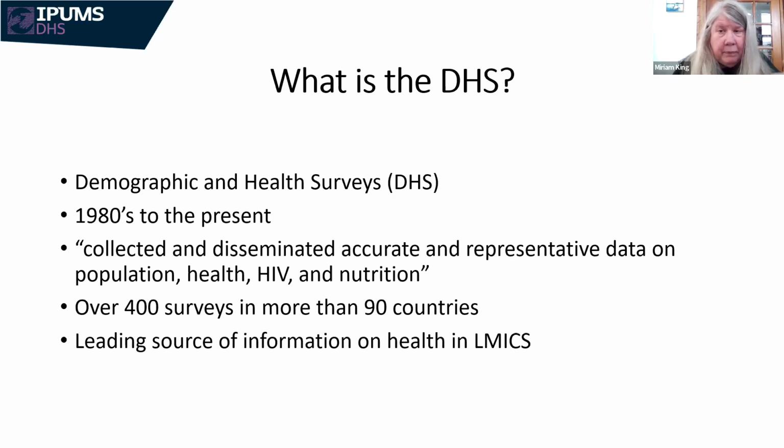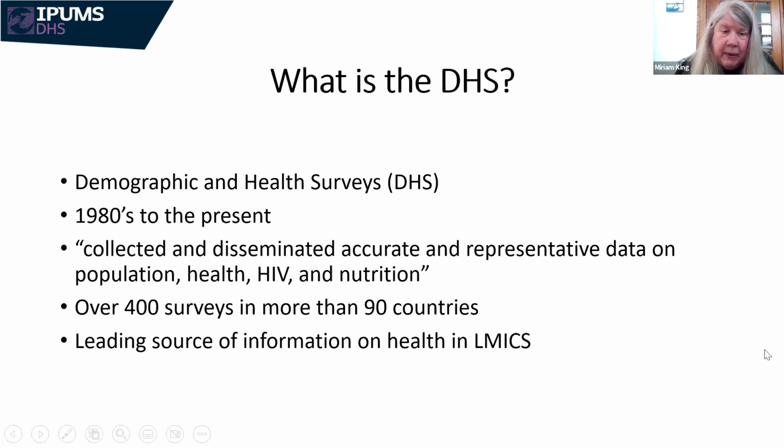And IPUMS DHS is currently just focusing on those basic standard DHS surveys or slight variations on them, like interim surveys that are a little shorter, but basically modeled on the standard DHS form. We're not doing the malaria, AIDS, or health service provider surveys yet.